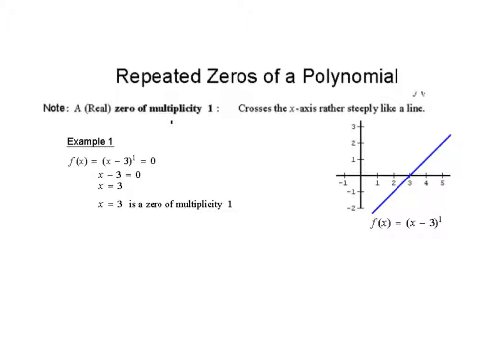So let's review this. These are the repeated zeros of a polynomial. You can see here that when the polynomial crosses at the 0, that means the factor has a multiplicity of 1. Since it crosses at 3, we wrote the factor as x minus 3 to the first power. So this is a cross.